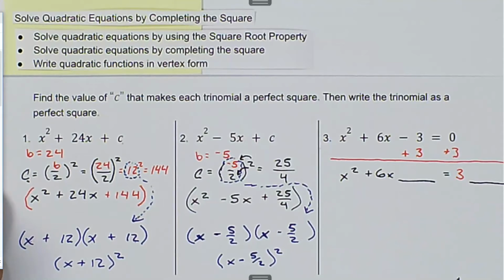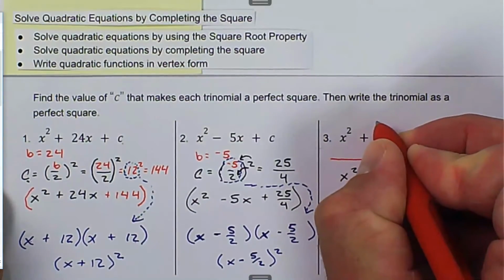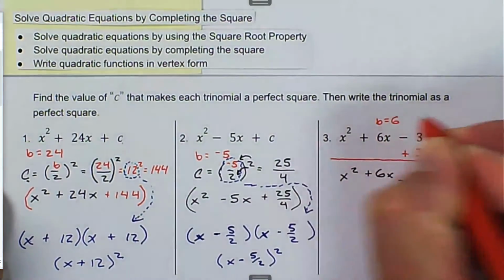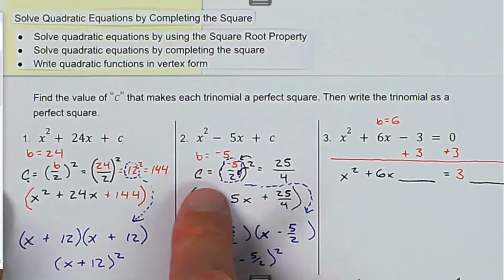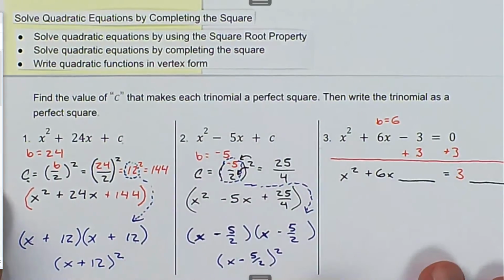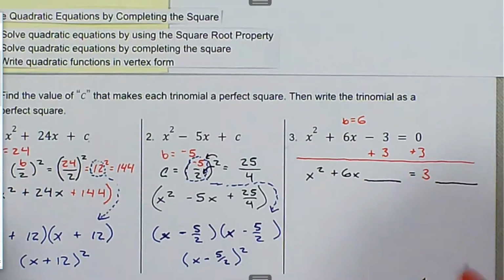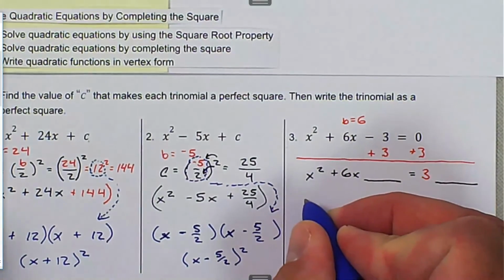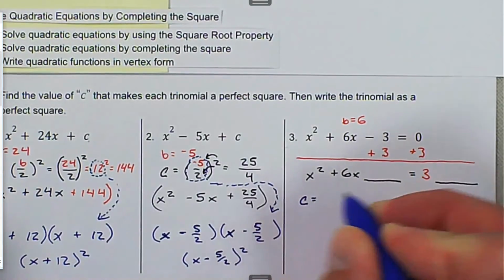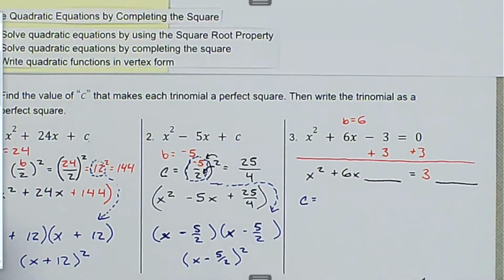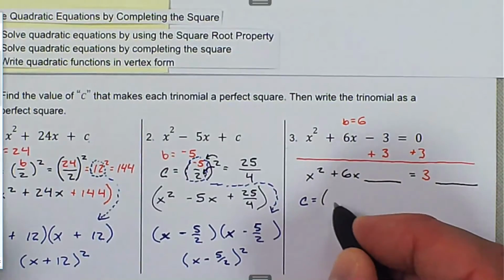So what is our b value? Right now, our b value is equal to 6. So we go back and use our equation. c is equal to the things that aren't going to change.